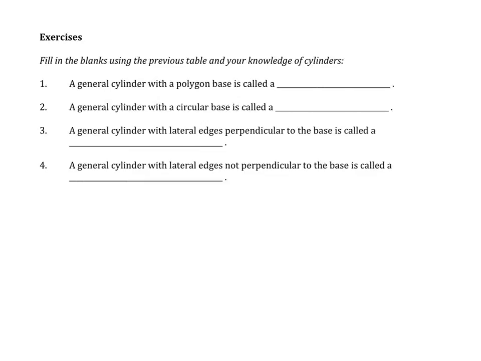So in these exercises, let's fill in the blanks. Number 1, a general cylinder with a polygon base is called an oblique prism. A general cylinder with a circular base is called a cylinder.